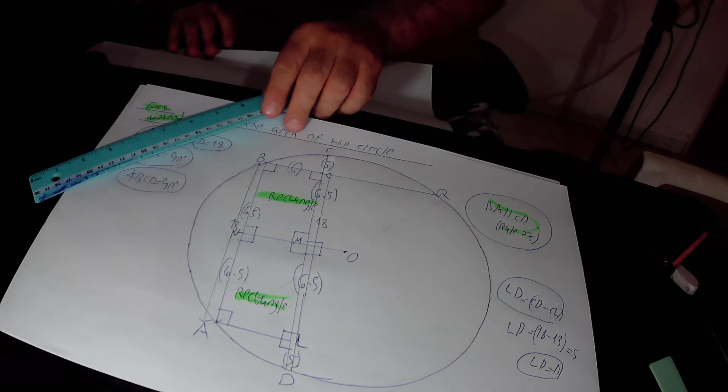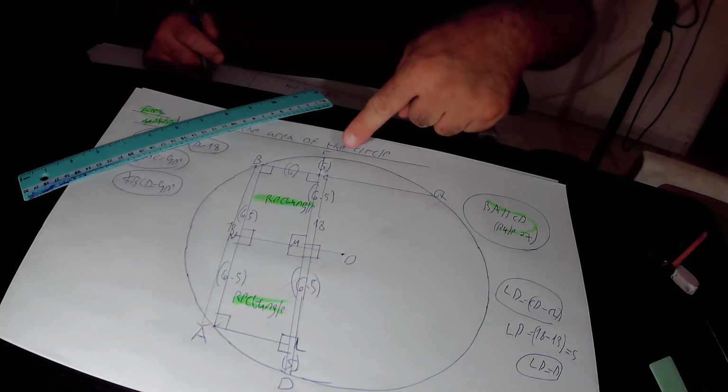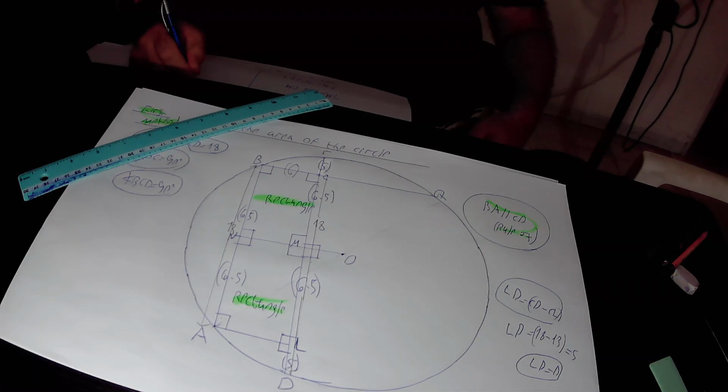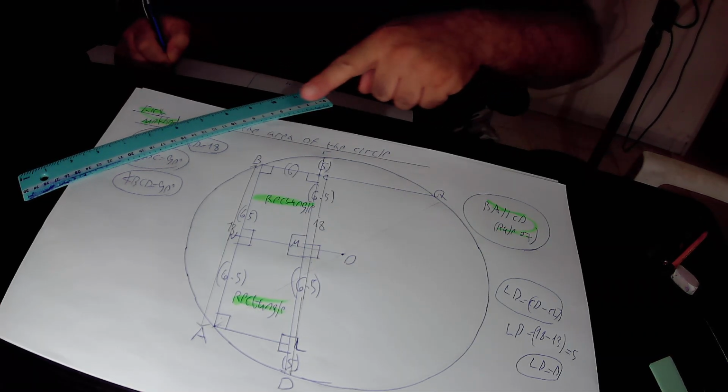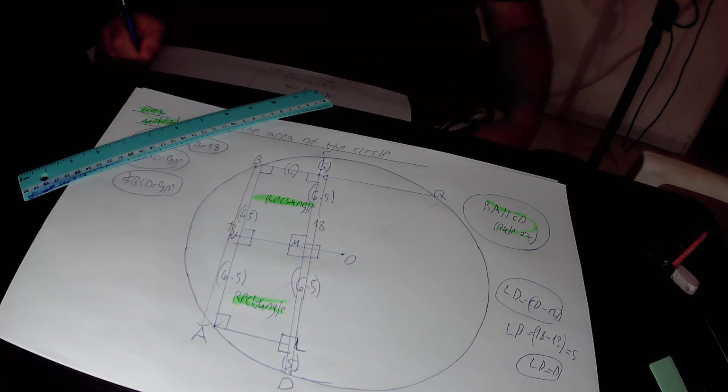According to rule 15, the following equation is true: TD times CD equals BC times CQ. Repeat again.